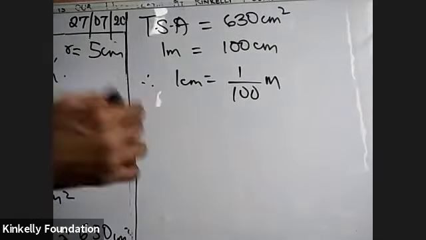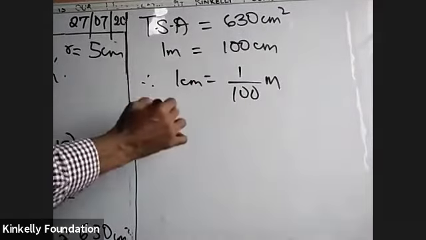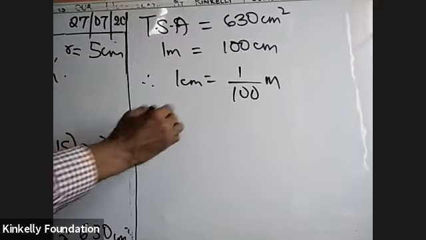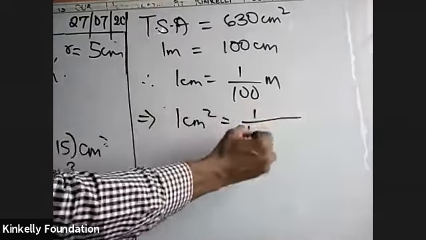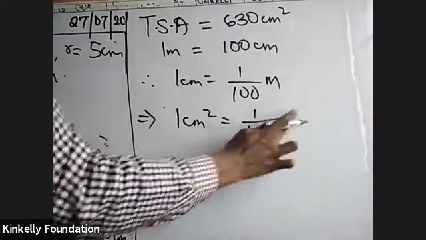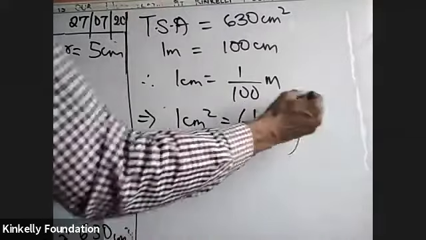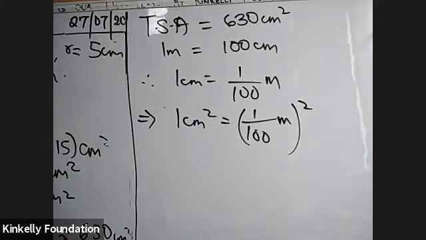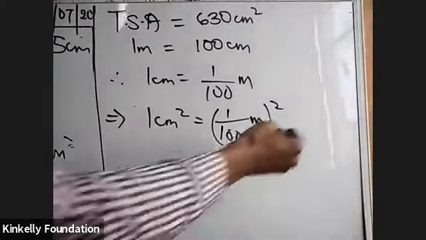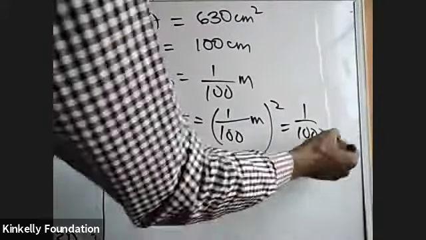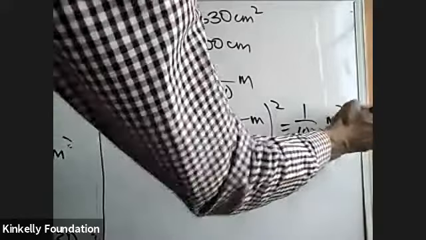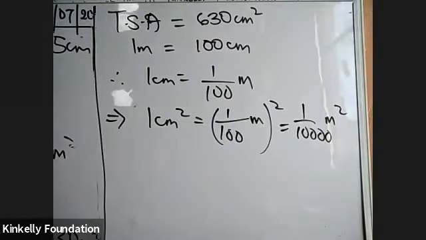Which means also that when you want to square this, 1 cm squared is 1 over 100 meter all squared, which will give us 1 over 10,000 meters squared. Do you get it?